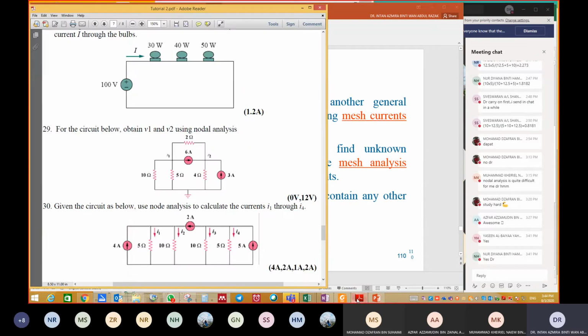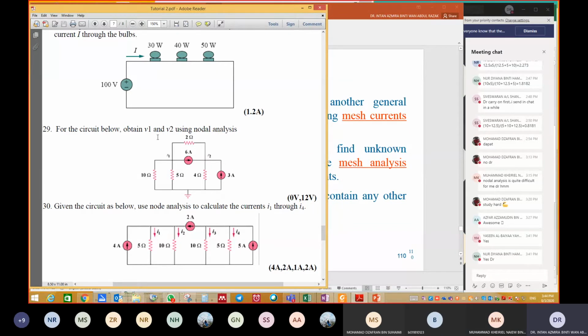Now try number 29. In this question, it gives you node V1 and V2. We have only 2 nodes here, meaning that we have how many equations, Khairil? Only 2 KCL equations, at V1 and at V2, to find 2 unknown voltages, V1 and V2.